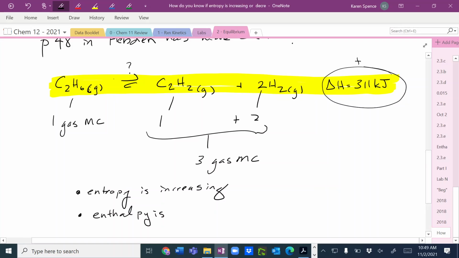This is a positive value, so the heat term goes on the left. 311 kilojoules, yes. Okay.